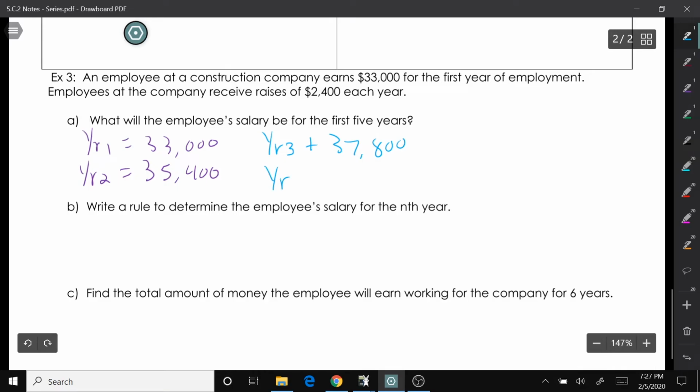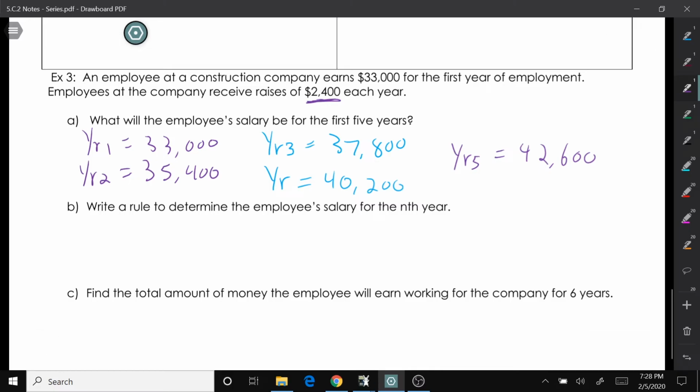Year 4 equals $40,200. And then finally, year 5 is $42,600. So I just added $2,400 to each of the previous years. And we only went to 5 because it said 5 years.